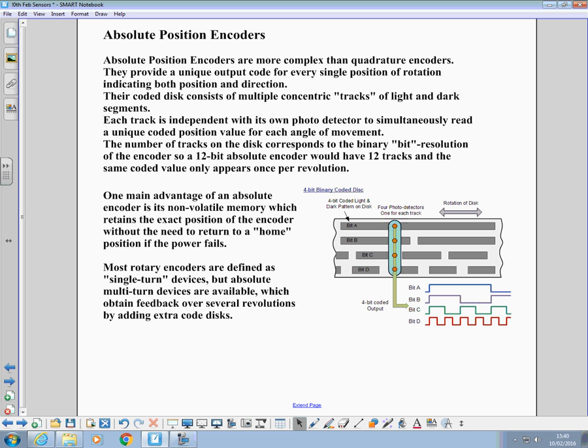So if we look at this encoder here, bit A is up the top, then bit B, bit C. It's a little bit difficult to see exactly how that works. But if you look along here, in each of those positions, we start off with effectively 1, 1, 1 here. Bit D goes to 0 there, comes back on 1, but bit C has gone to 0.